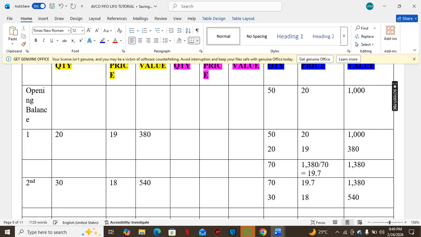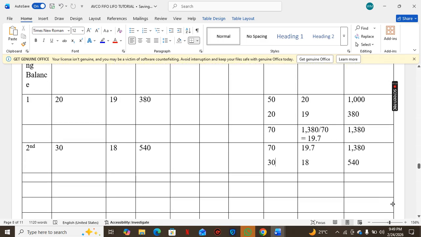Just at the second purchase. Okay. Yes. So on the second purchase, you see now I've done it here. We had 70 goods valued at 19.7, and we brought in 30 goods valued at 18 kwacha.